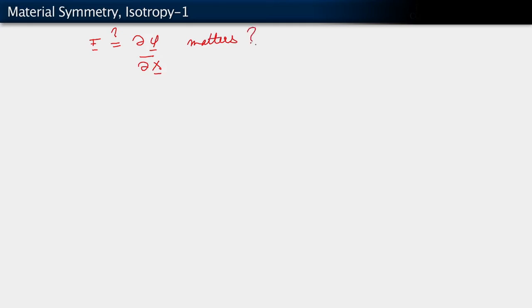Does this matter, or does F star, which is relative to the material fibers, matter? And remember, x star now gives us the material fibers, because that is how the material has been rotated. That's the new orientation of the material. So that's the question we are trying to ask ourselves.